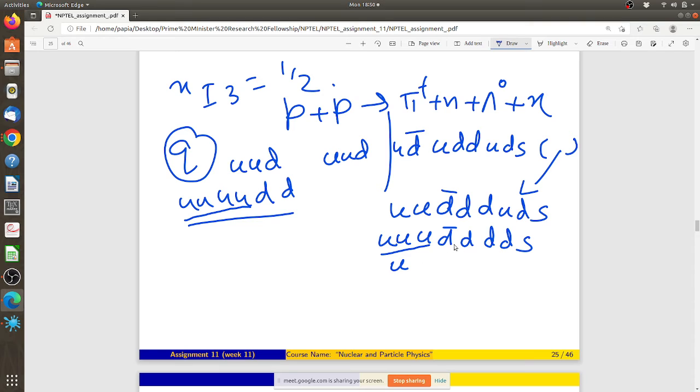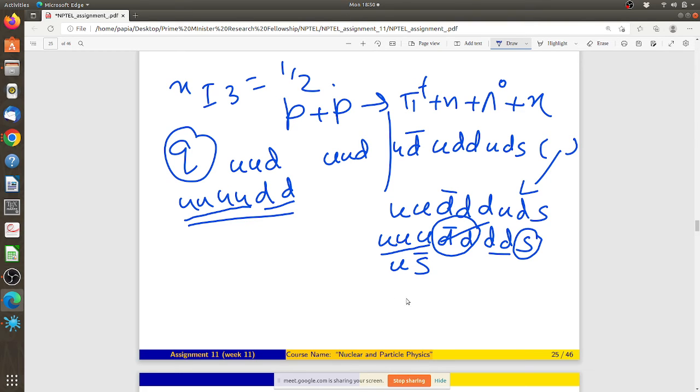And what about d? D bar and d can cancel, so dd is there, and that means there should not be any d extra. Now here one s extra is there, so what should be here? Another thing, s bar, right?